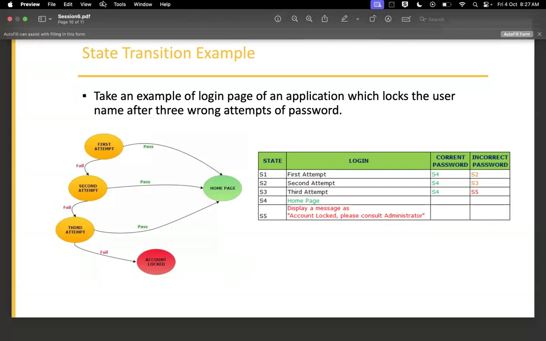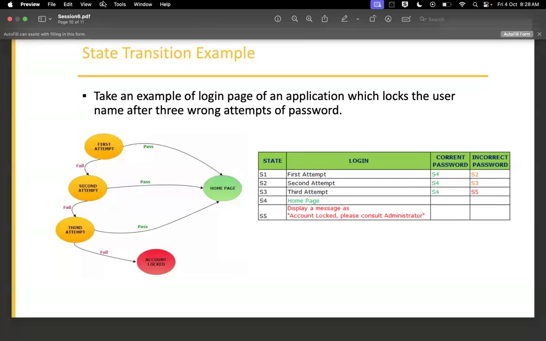Now here, if you notice carefully in the state transition diagram, we have the first attempt, the second attempt, and then the third attempt. If the first attempt passes, then we navigate to the home page. If the first attempt fails, we have the chance of a second attempt. If the second attempt also fails, we have the chance of a third attempt, and so on.